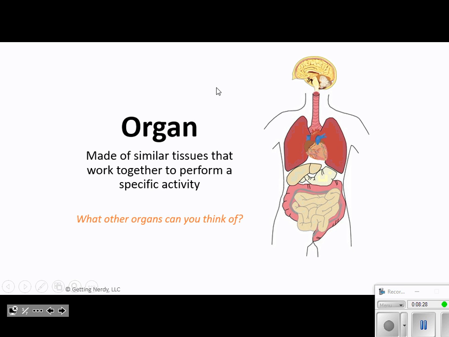We talked about cardiac tissue. If we have a bunch of cardiac tissue, we can have, ladies and gentlemen, a heart. That heart beating right there is a very vital organ to us.